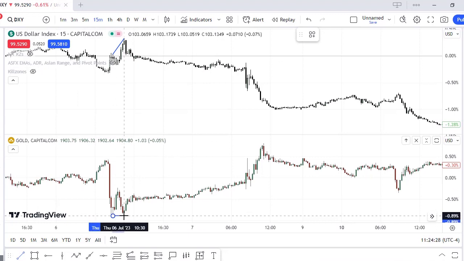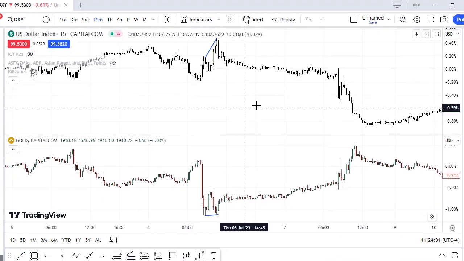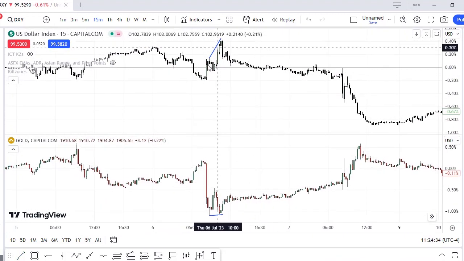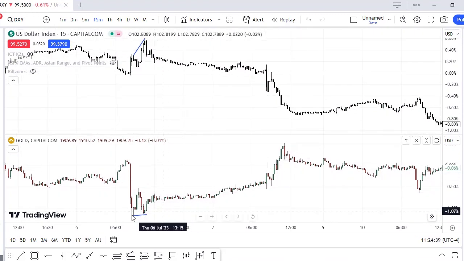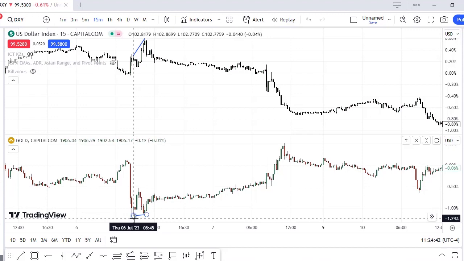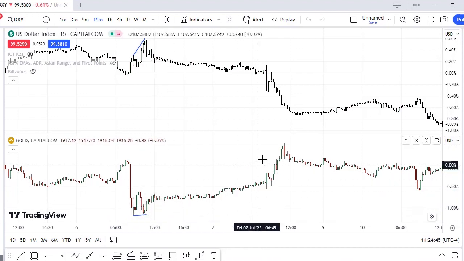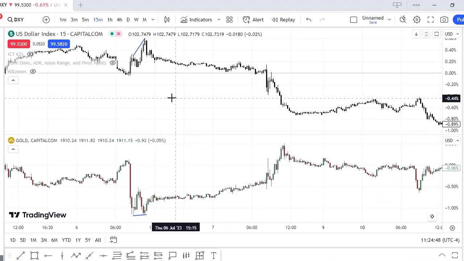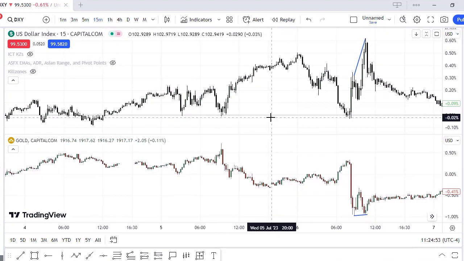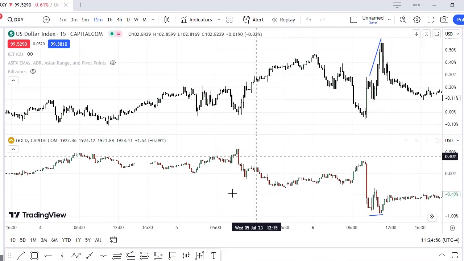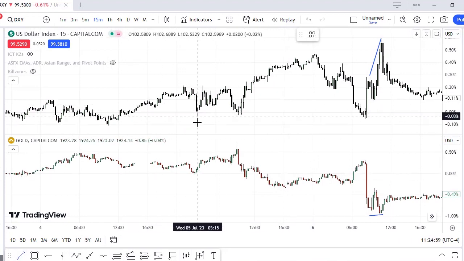And then, as we expected, gold rallied up and DXY rallied down. DXY failed to make a lower low when gold makes higher highs.